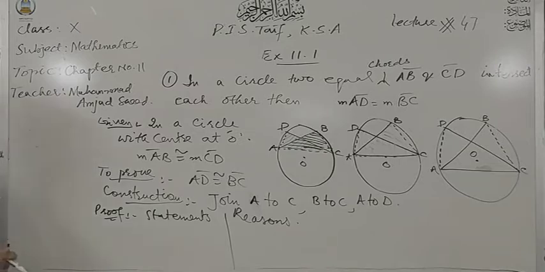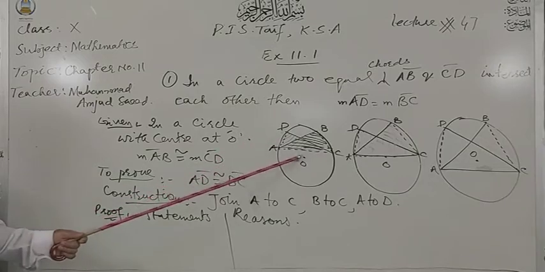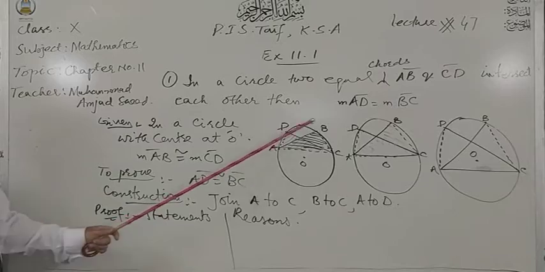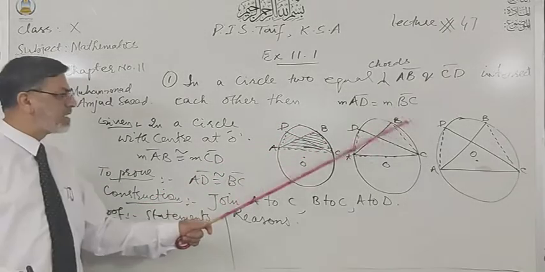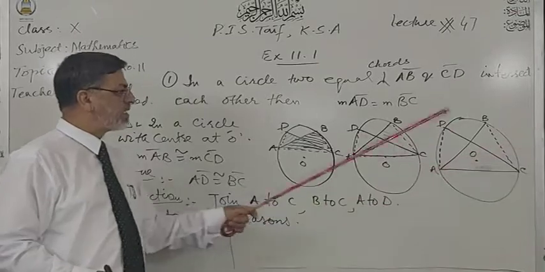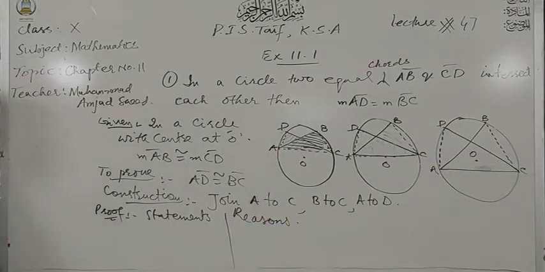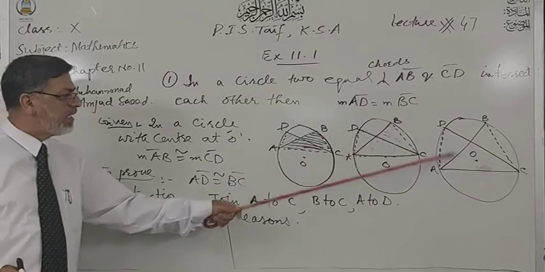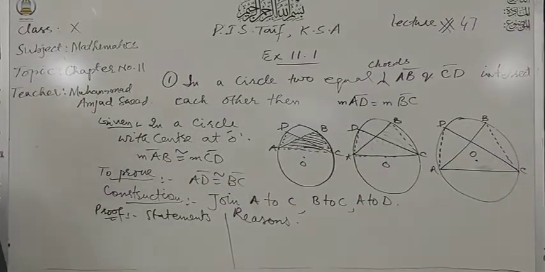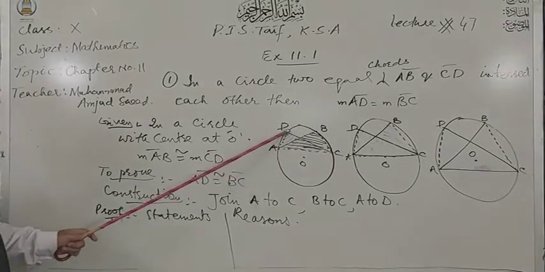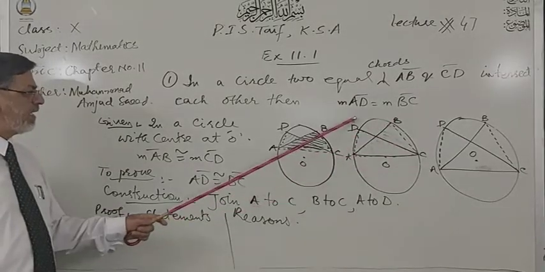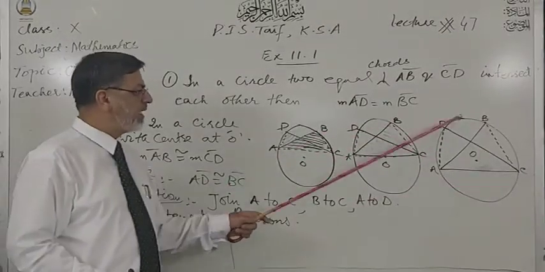Dear students, given: in a circle with center at O, two chords are congruent, AB and CD. To prove: AD is congruent to BC. Join O to C, A to D, and B to C. Similarly, join B to C and A to D in all cases.